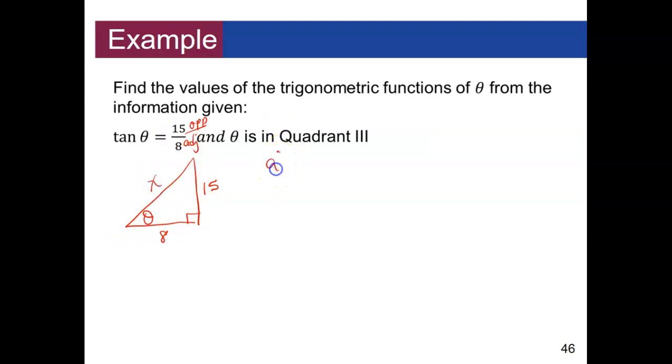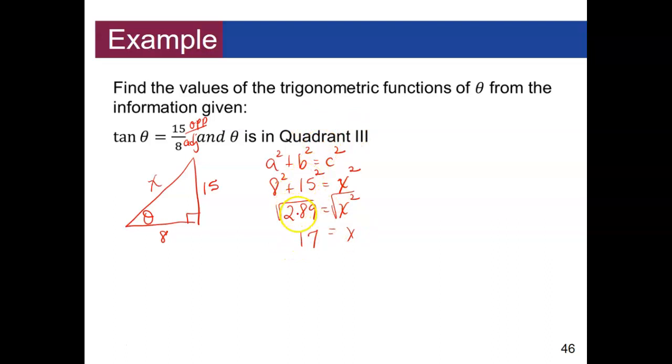If I use a squared plus b squared equals c squared, a is going to be 8, b will be 15, and I'm trying to solve for my x. So if I combine these together, I'm going to get 289. Take the square root of both sides, and that's going to give me 17.